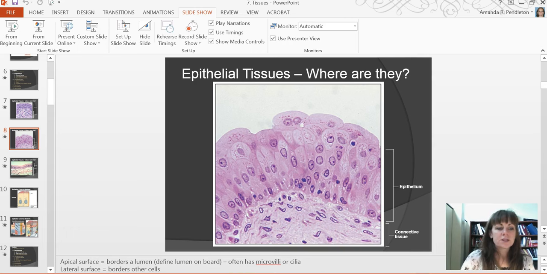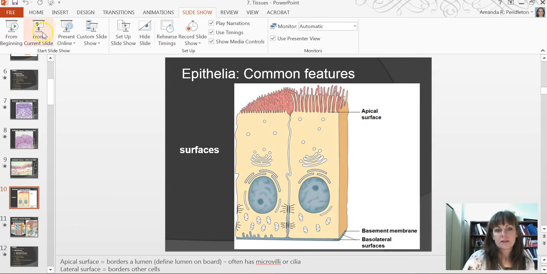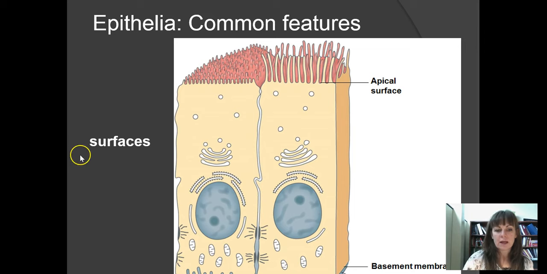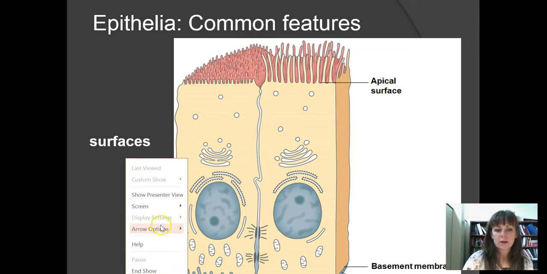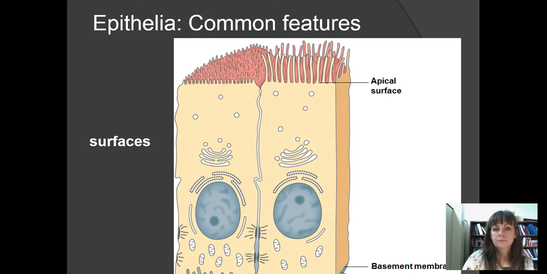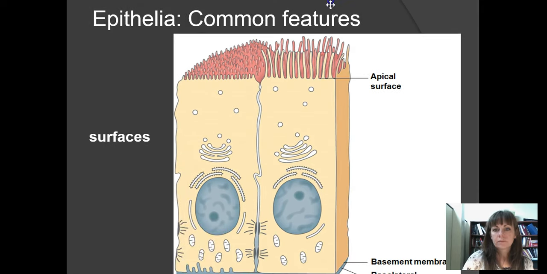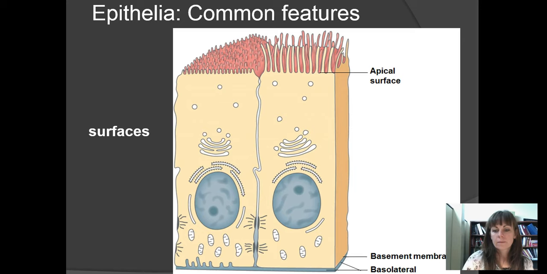Now, if we're actually doing a close-up of the cell, we can see something that looks like this. Up here towards the top would be where the surface is, and then down here towards the bottom would be the underlying connective tissue.